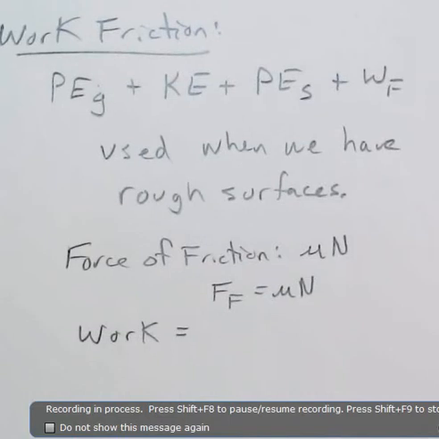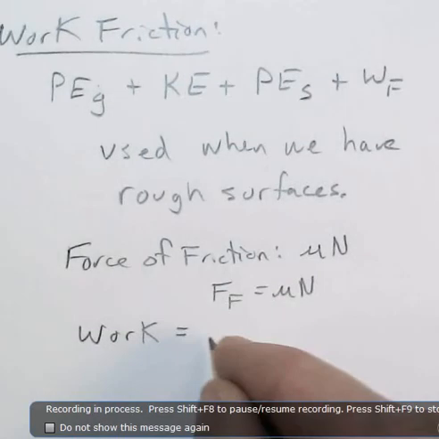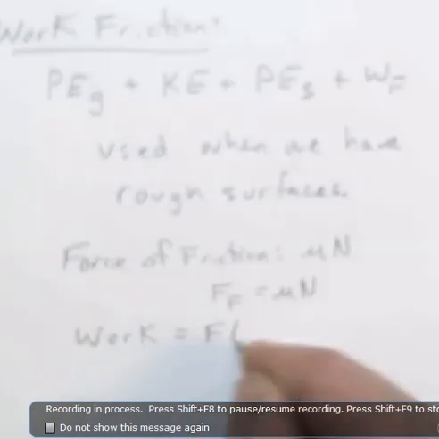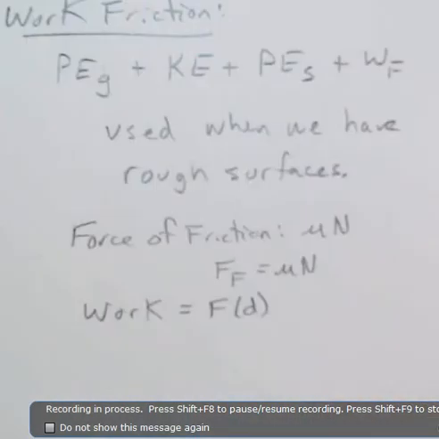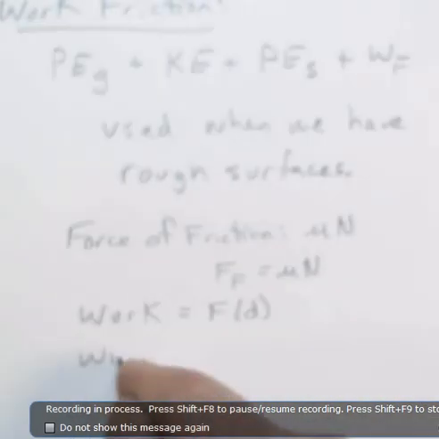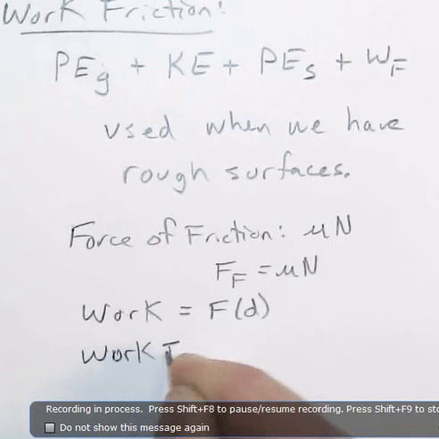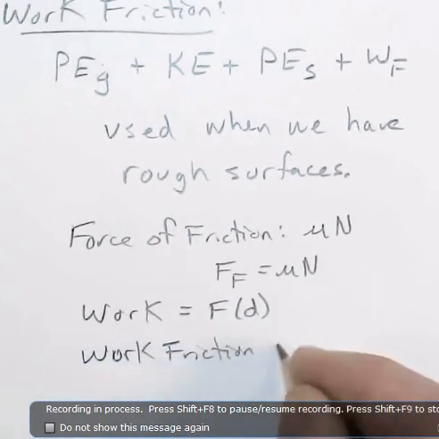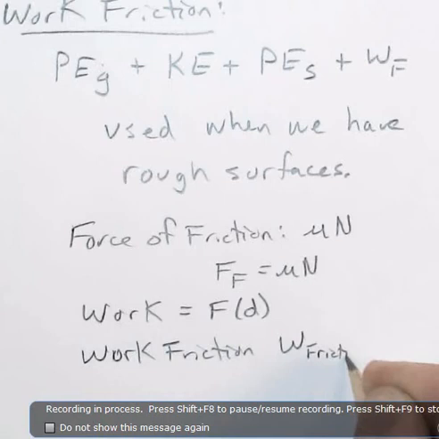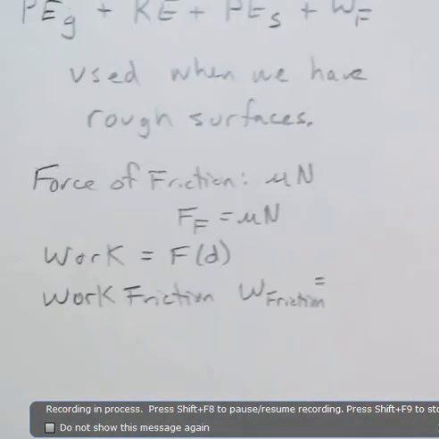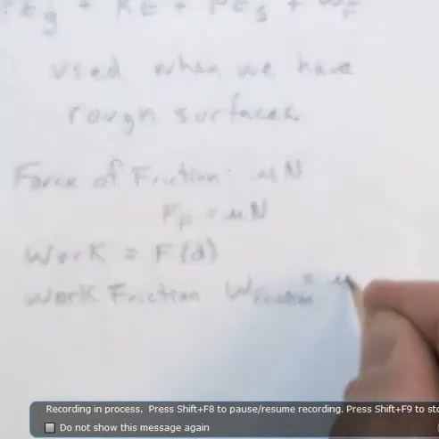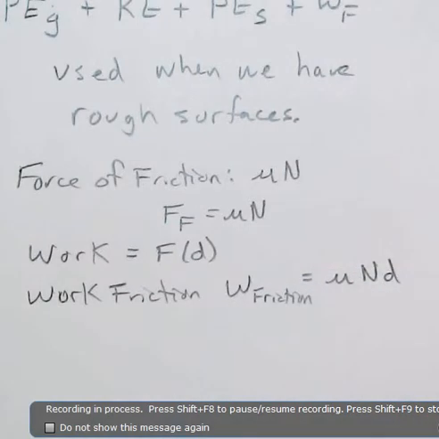This equation: force times distance. If you put these together, work friction, which would be W sub friction, or W sub F, is going to be mu normal D. The mu normal is the force, and D is the distance that it moves.